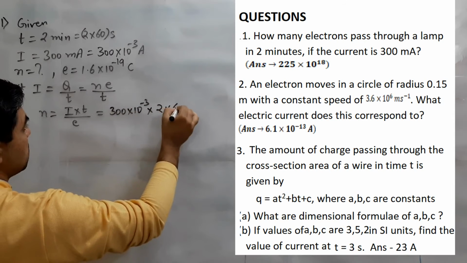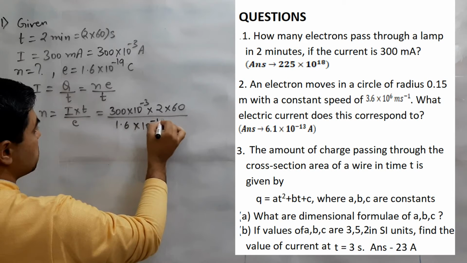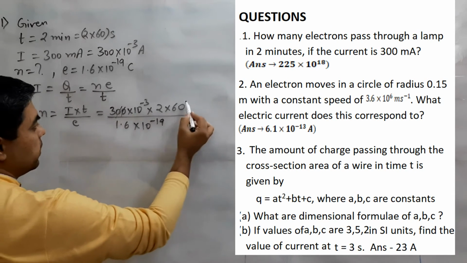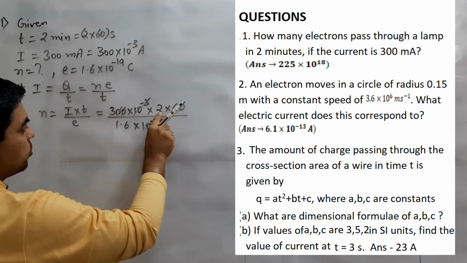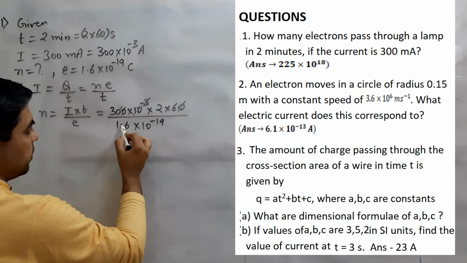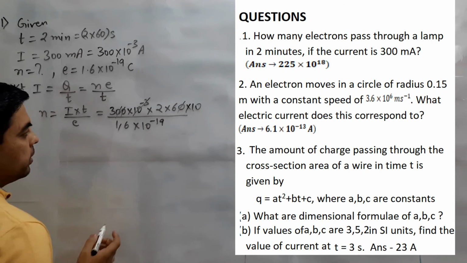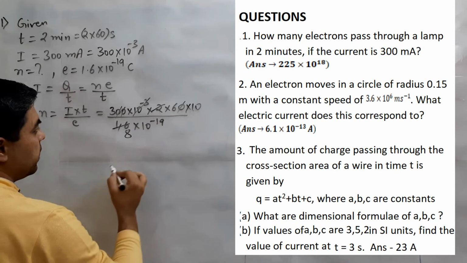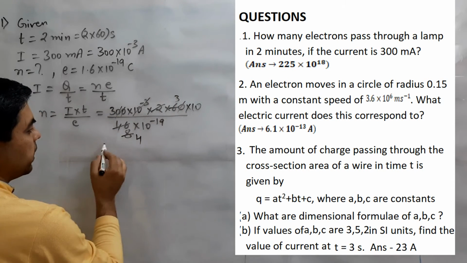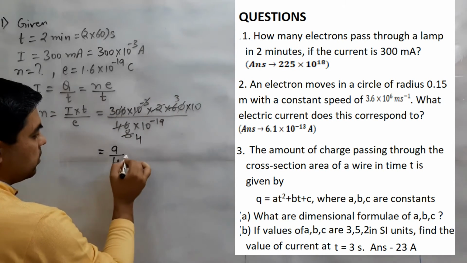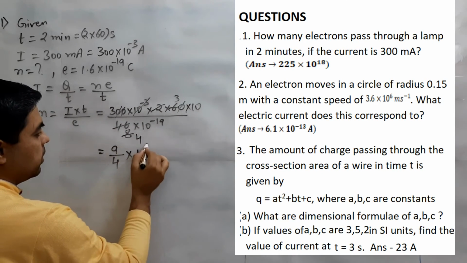Time is 2 into 60, divided by E, that is 1.6 into 10 to the power minus 19. The 10 to the power minus 3 can be balanced with the zeros. Then adjusting the decimal, we have 10 in the numerator, which gives 9 by 4 into 10 to the power minus 19 becoming plus 19 and 1, so 10 to the power 20.